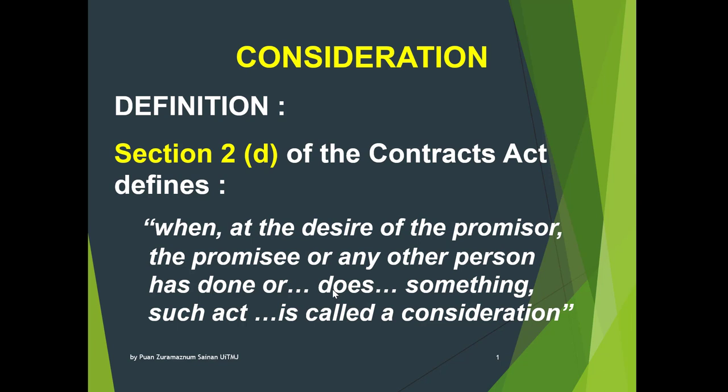So, by virtue of this definition, it means that the consideration happens upon the request of the promisor, where the promisee does something in return for what has been promised by the promisor.